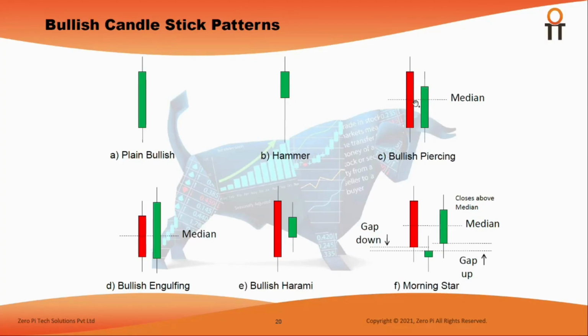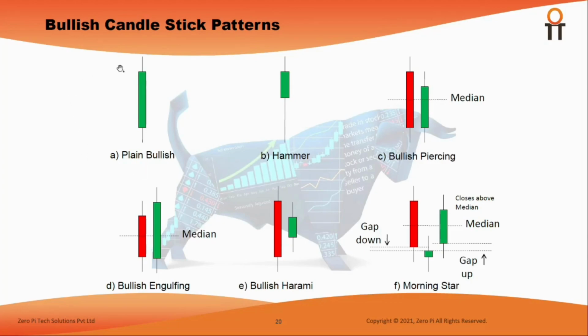So the closing price is above the median of the red candle. See, for the red candle, it opened here, went up all the way, came down, made a lower wick and closed here, making a red candle. Whereas the green candle, initially it came down, then it started moving up till here and then closed here. So this closing price is above the median of the red candle. If you see such a pattern, it is called bullish piercing.